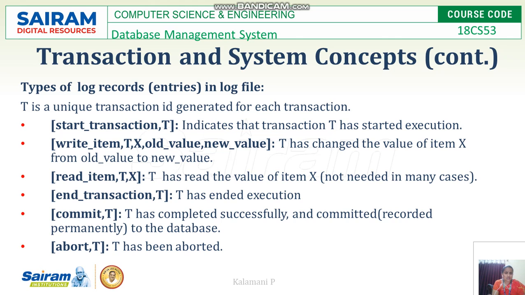Read item T, comma, X means transaction T performs the read operation and reads the item value X. End transaction T means T has ended the transaction. Commit T means T has completed successfully and committed, and the changes will be stored permanently in the database. Abort T means T has been aborted.